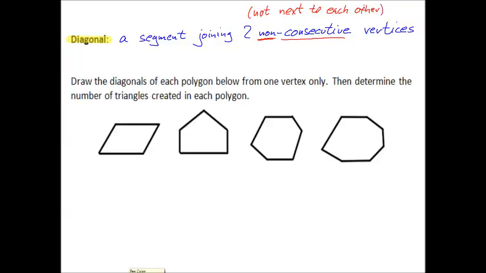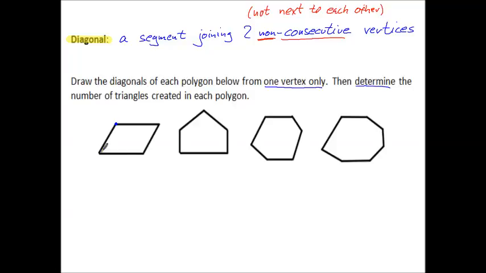In our figures down here, we're supposed to draw the diagonals of each polygon below from one vertex only, and then determine the number of triangles created in each of these polygons. Starting with our first here on the left, which has 4 sides, so it's a quadrilateral. We're starting from this point, but we're not tracing to the point next to it, to the right or down here.